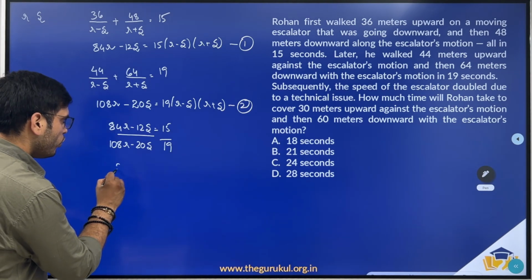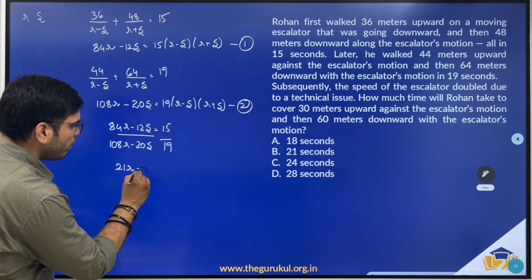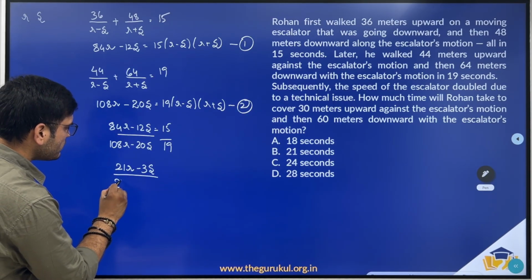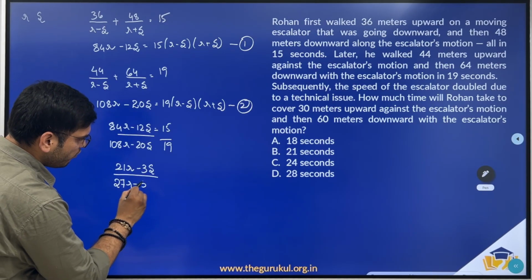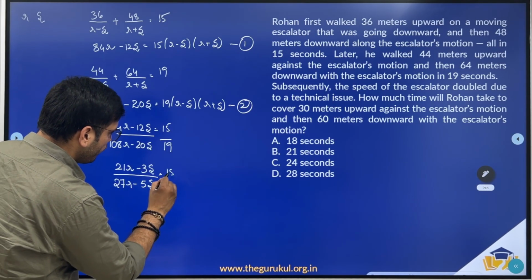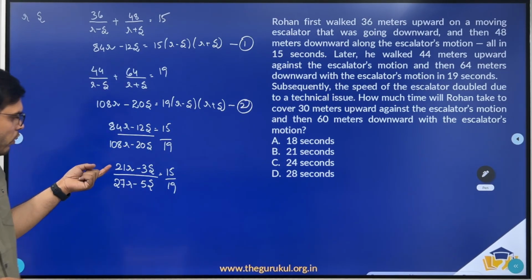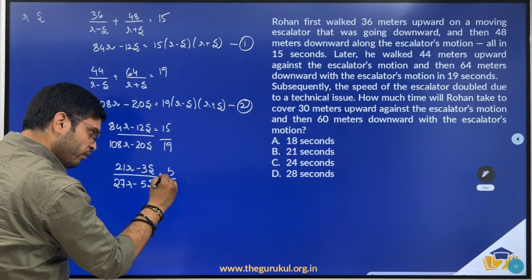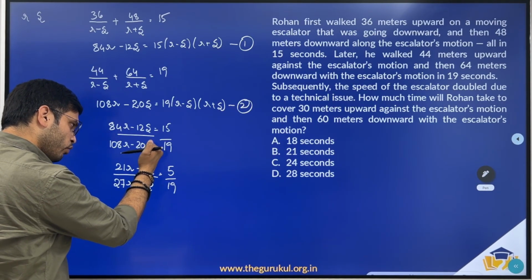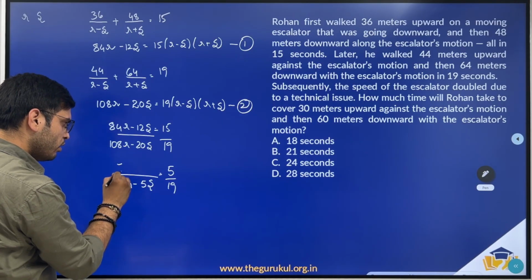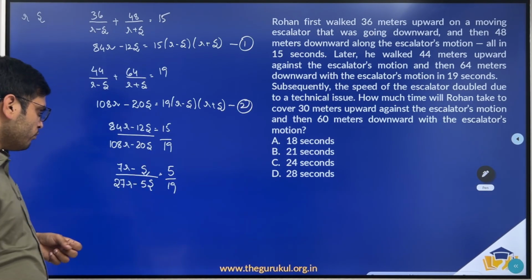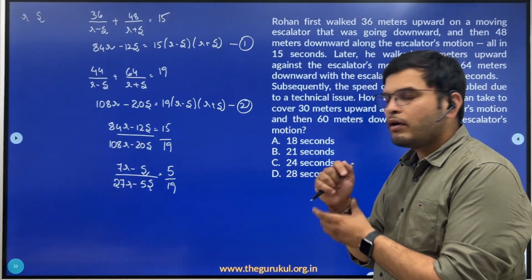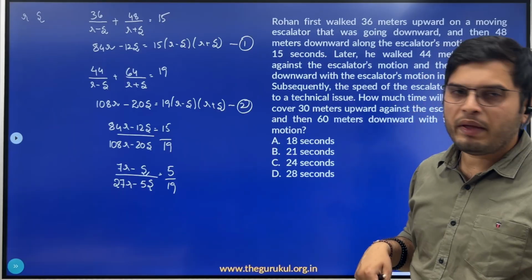So 21r minus 3s by 27r minus 5s is equal to 15 by 19. Now I can take 3 common. So this would be 5, and here you will be having 7r minus s. I'm just cancelling out the common terms so that the multiplication will become easy for me.